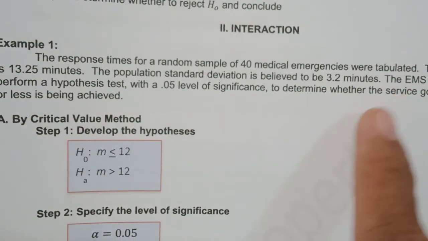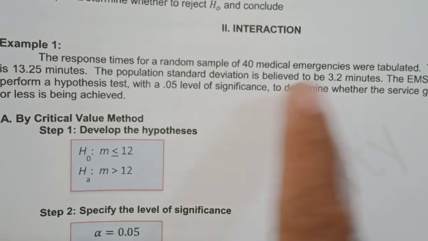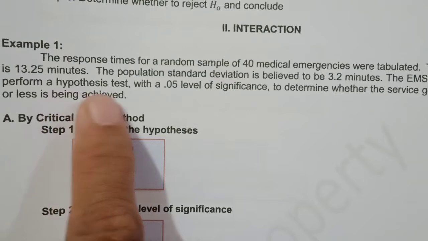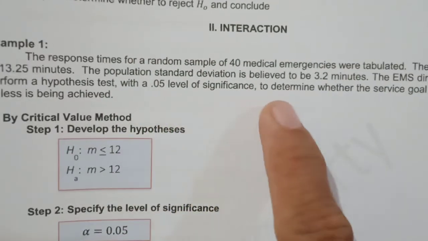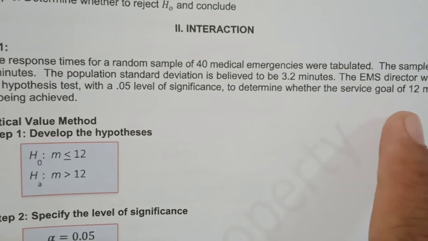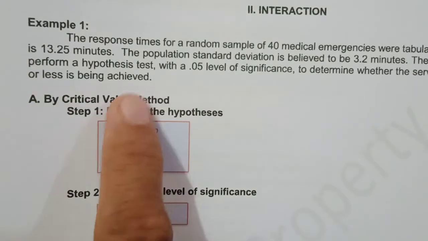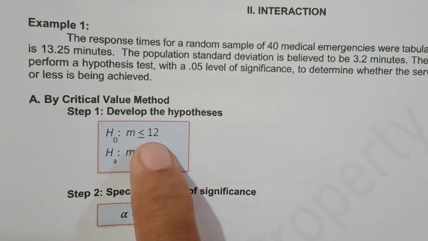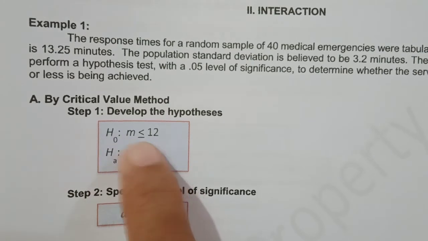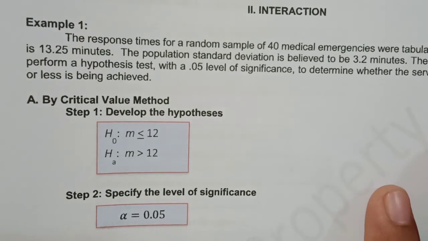So, meron tayong keyword dito na nakalagay. The EMS performed the hypothesis test with 5% level of significance to determine whether the service goal of 12 minutes or less. So, kung mayroong equal, or less than or equal, doon siya sa part ng null hypothesis. Di ba? Lagi kong sinasabi, kapag may equal sign, doon sa null hypothesis.